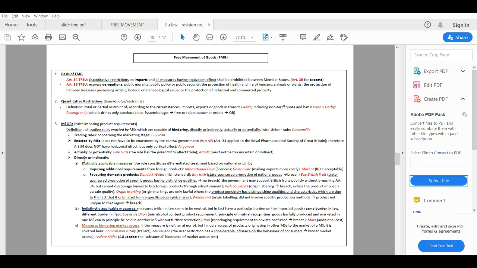What happened in that case was that the Commission is bringing an action against the United Kingdom in respect of an import ban on poultry meat, that is, chickens and turkeys. The United Kingdom had banned the import of poultry meat from all the member states with the exception of Denmark and Ireland.